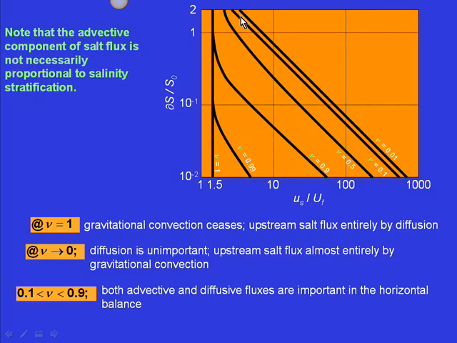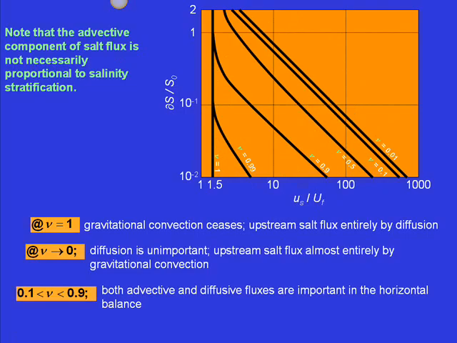Notice that even at high stratifications, you'll get that the advective component of the salt flux can be small, even in these cases, where the salt flux is produced by mixing, but not by gravitational convection. Okay, so these lines again represent the component of the salt flux due to diffusion.